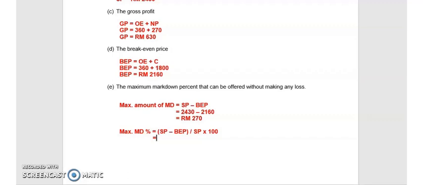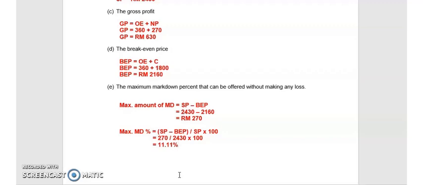The maximum amount of markdown just now is 270, divided by the selling price of 2430, multiplied by 100. This is equivalent to 11.11%. So this is the maximum markdown percentage that you can give to your customers so that you will not incur any loss.